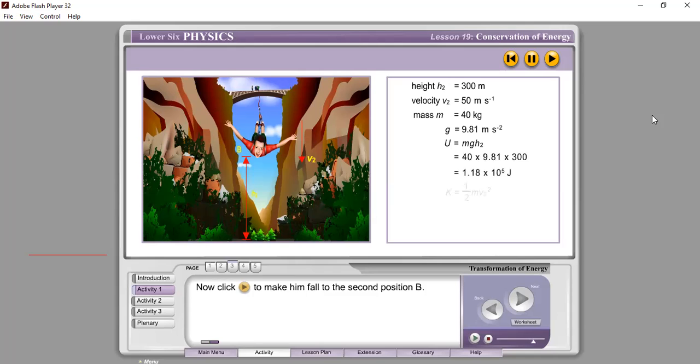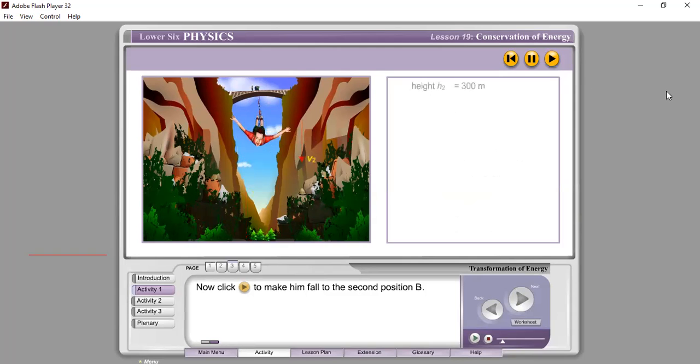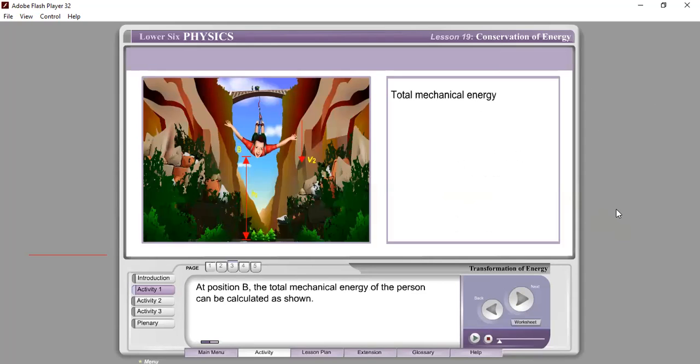K equals half mv2 squared, which equals half times 40 times 50 squared, which equals 5.00 times 10 to the power 4 joules. At position B, the total mechanical energy of the person can be calculated as shown.